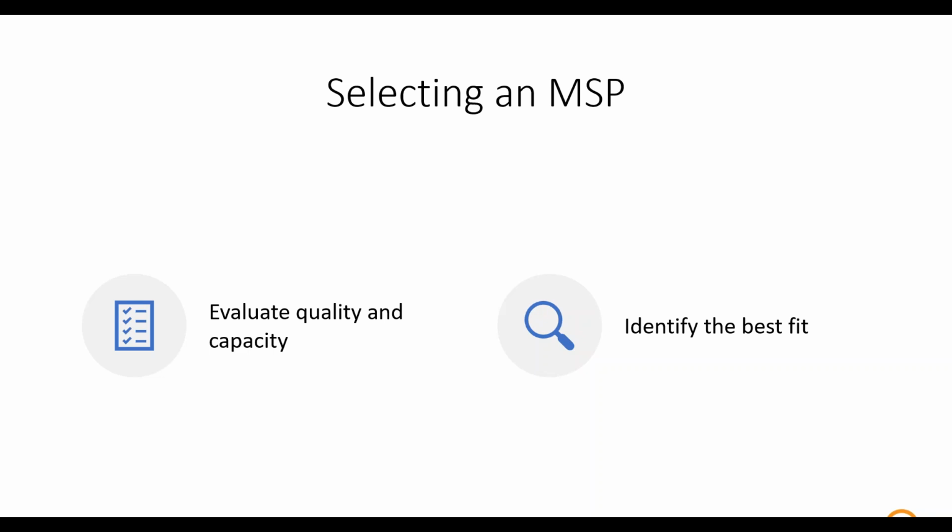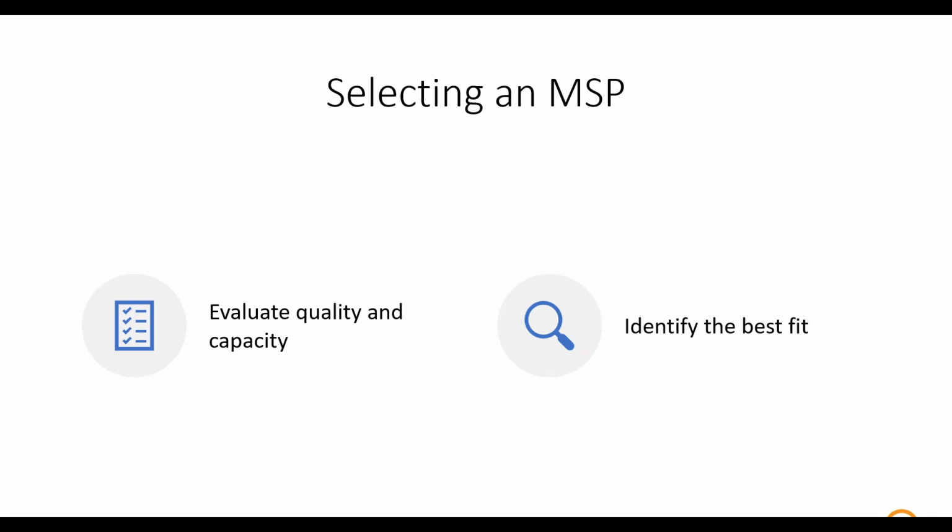But we also firmly believe that we're maybe not the best fit for every organization, and there are a variety of different managed services providers out there, many of whom are excellent. And we really feel that these questions are going to help you identify the MSP that's really the best fit for you as an organization.